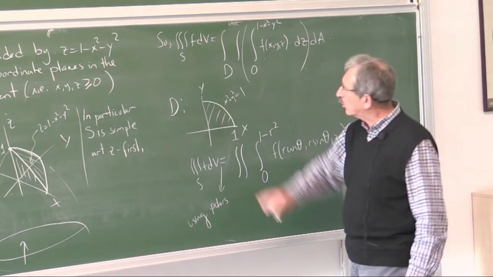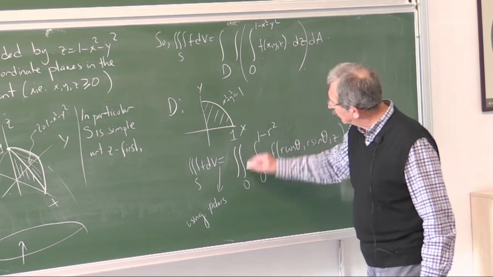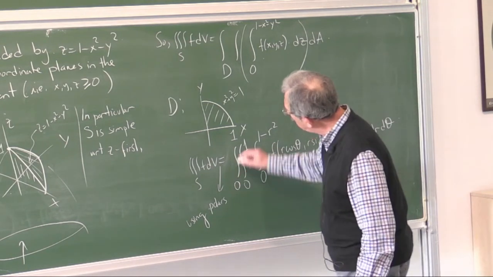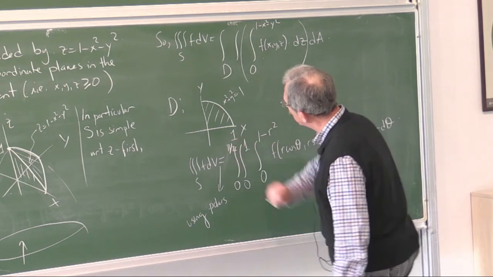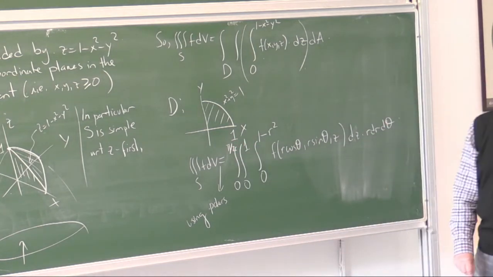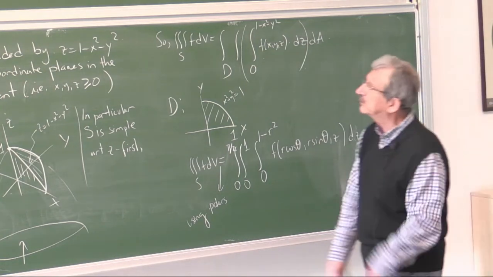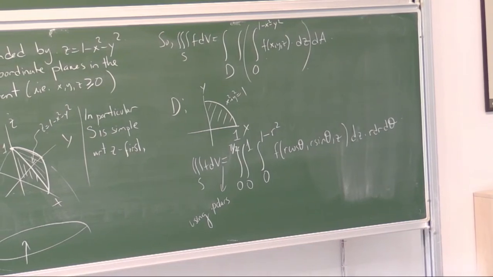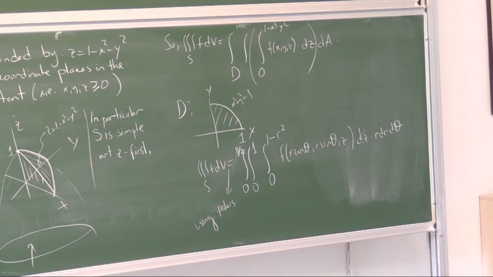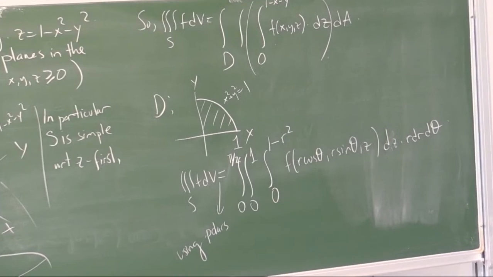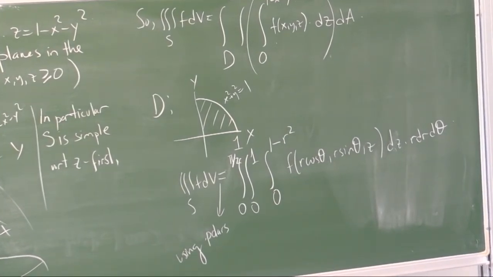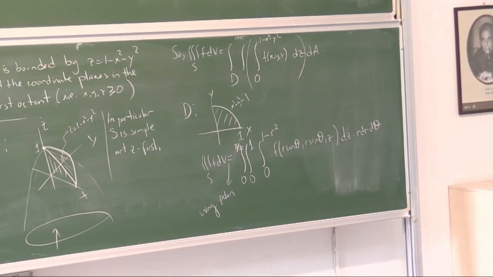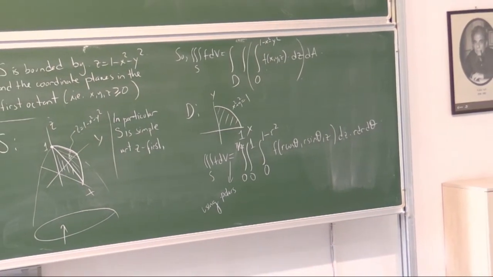In this quarter circle, r changes from 0 to 1, but theta not 0 to 2 pi, but only up to pi over 2. So this writes the integral over S as a nice iterated integral.